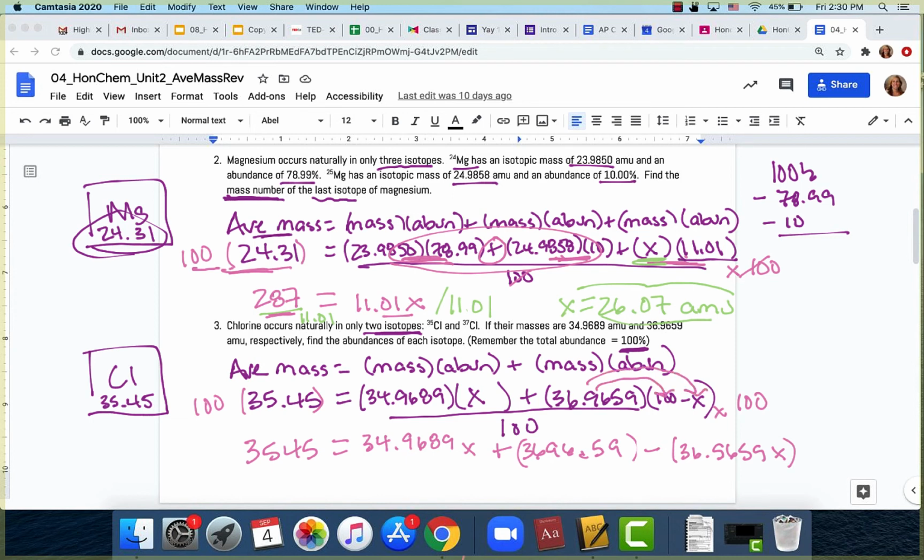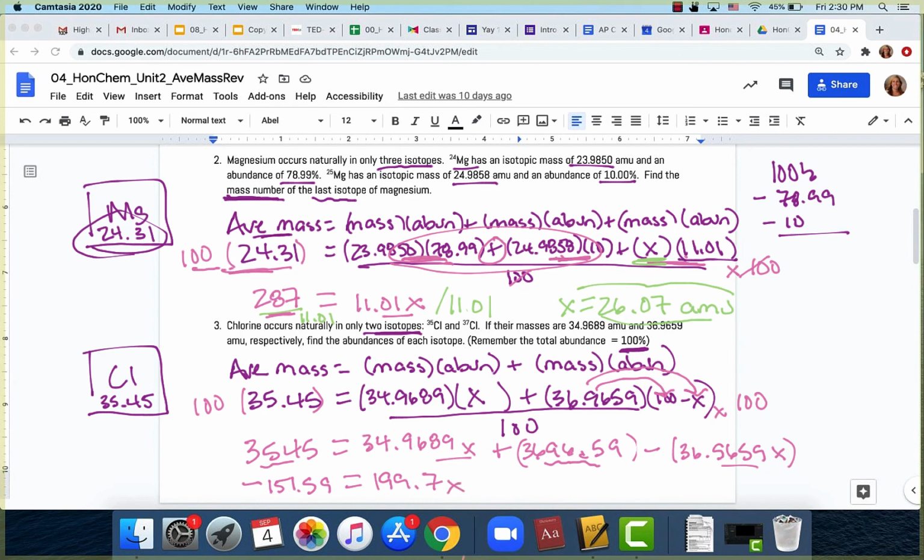Then I'm going to combine like terms. I'm going to get all of my x's together and all of my things that don't have variables together. That gives me a negative 151.59 equals 199.7x.